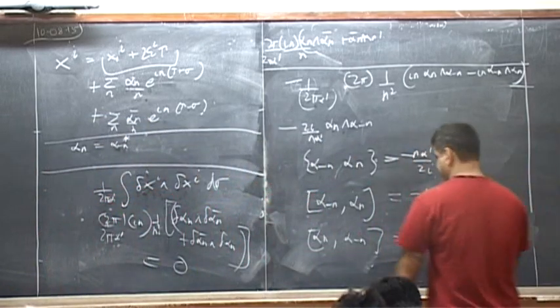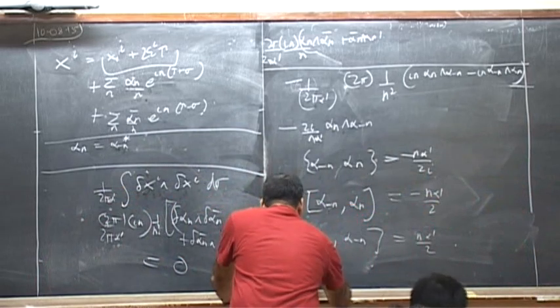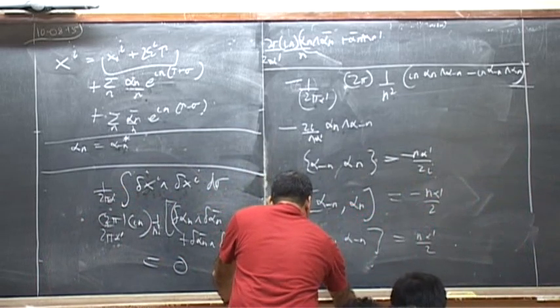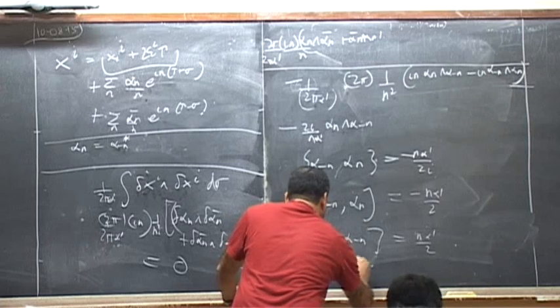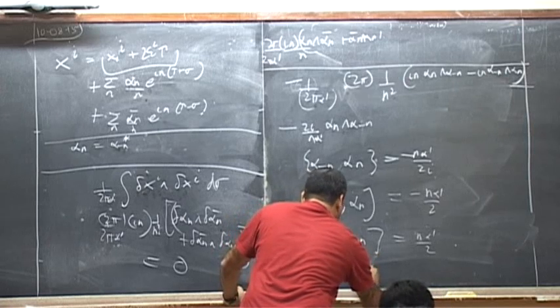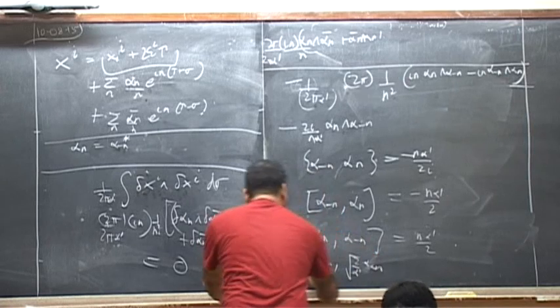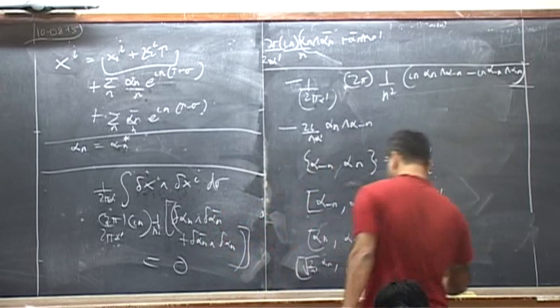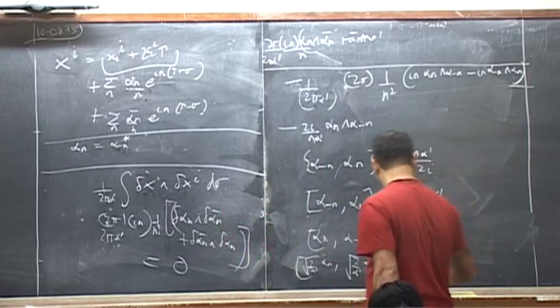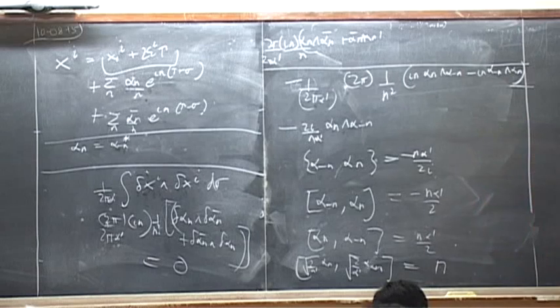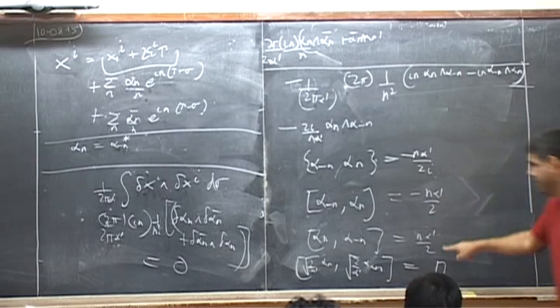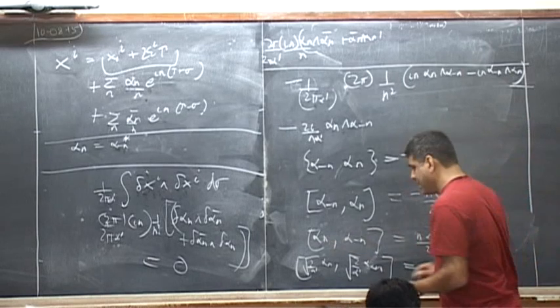We just write this as square root 2 by alpha prime alpha n, square root 2 by alpha prime alpha minus n is equal to n, just by multiplying through here.